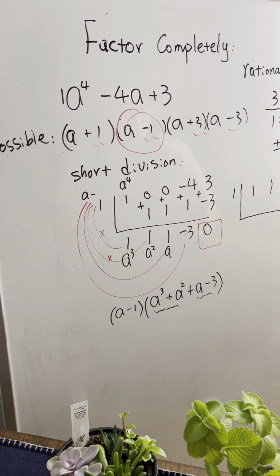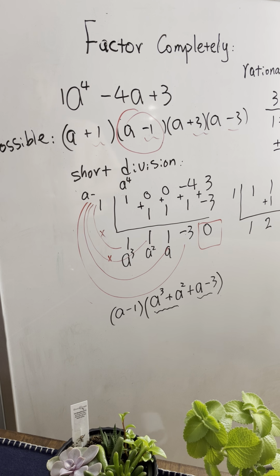We write down the leading coefficient, multiply, put it over here, add, and 1 plus 1, I get 2 here. 1 times 2 is 2 here. Add those two, 1 plus 2, 3. 1 times 3, 3. Add those two, 0.